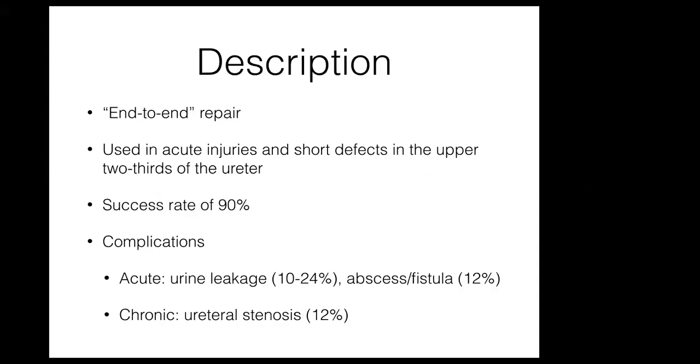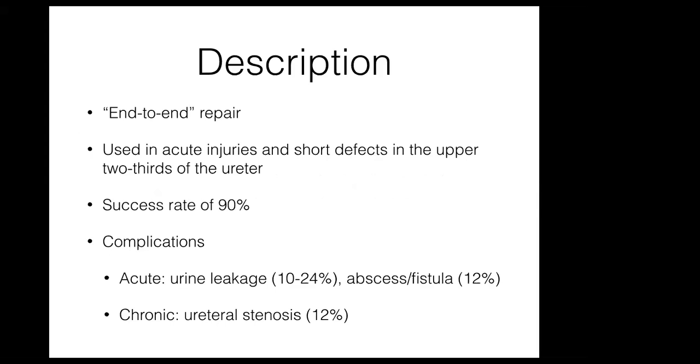UU is also termed as an end-to-end repair. It is used in acute injuries and short defects in the upper 2/3 of the ureter. The success rate of the procedure is approximately 90%, and the most common acute complication is urine leakage, followed by abscesses or fistulae.